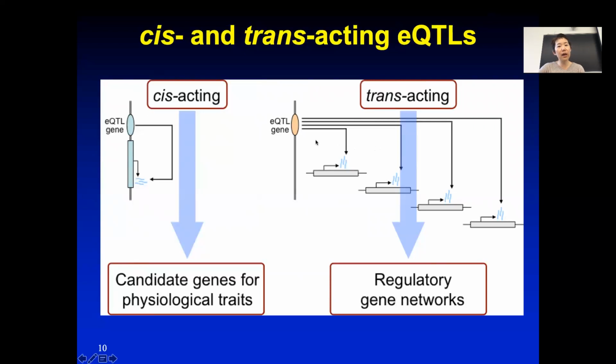But there are also cases of trans eQTL, which means the SNP is on one chromosome, but when you look at the expression of other genes, they could be on other chromosomes. But you can imagine if we do this, the number of tests will increase a lot. The multiple hypothesis problem will be much bigger, and so you need a very, very stringent p-value, or at least to adjust for false discovery rate to identify those. Okay?